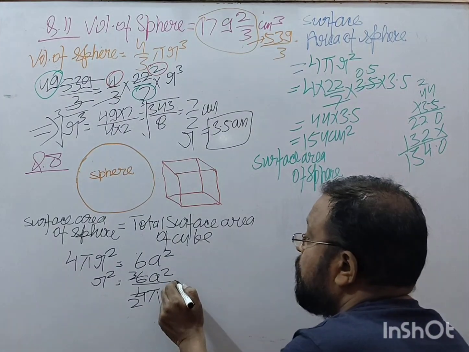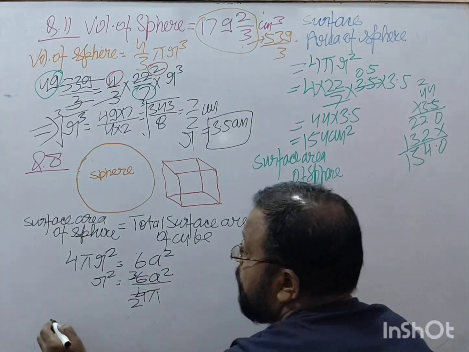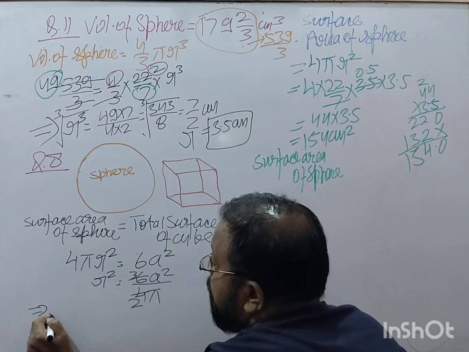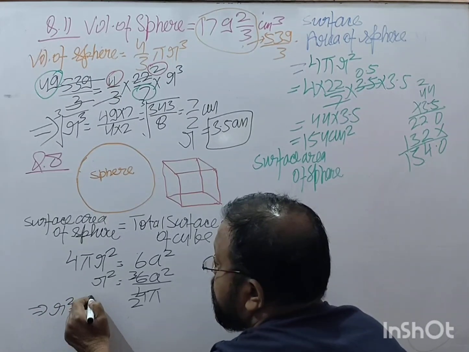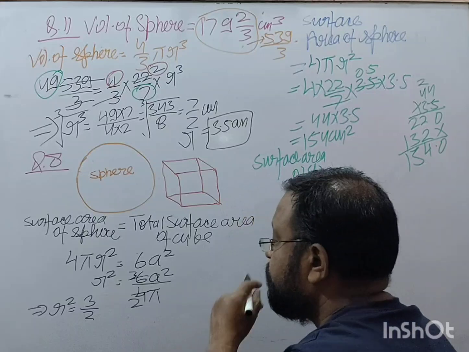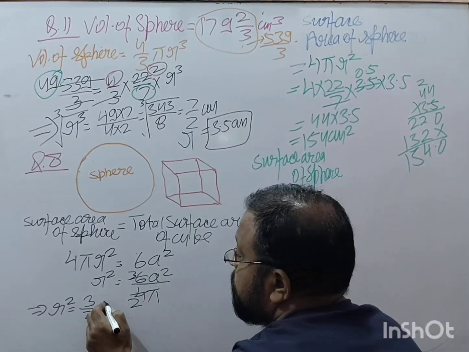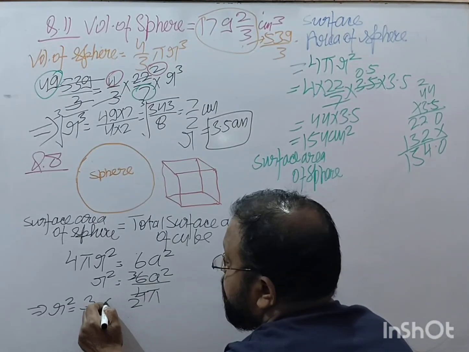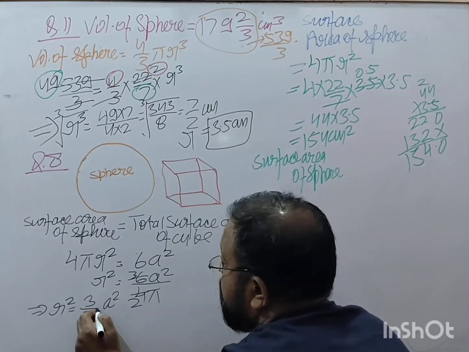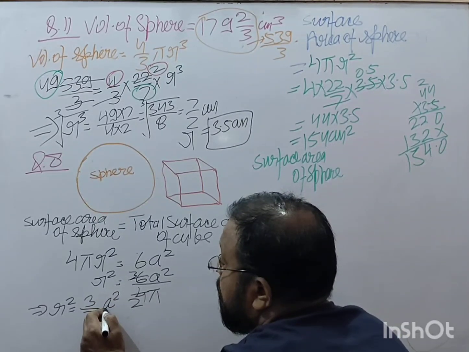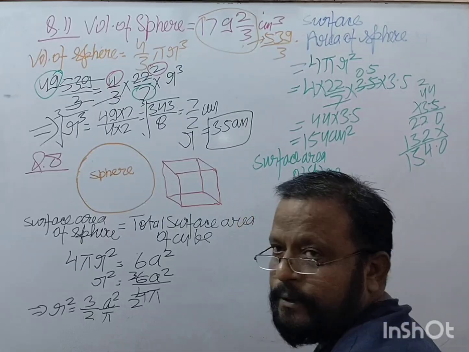So we can write here R square is equal to 3 by 2 a square upon pi, right?